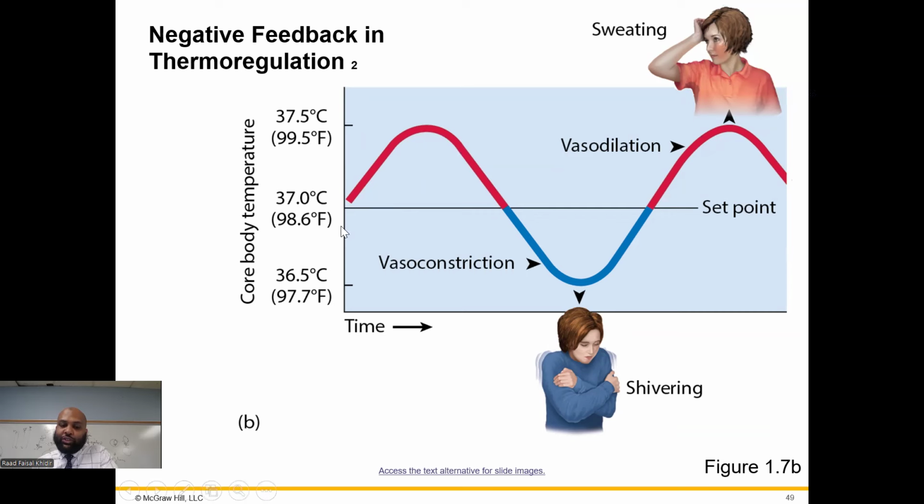But when it drops down to 36.5, that's no longer euthermia. What is that? Hypothermia. So we replace that, the first step, by doing what? Vasoconstriction, and then the shivering, where we convert mechanical energy into chemical energy, ATP.